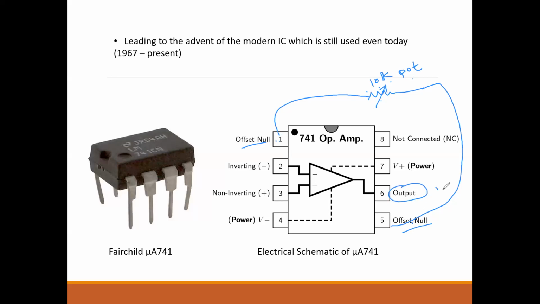Output should be nullified, nullified means 0. Output should be 0 at a particular position of this potentiometer. That is called nullifying the offset voltage.